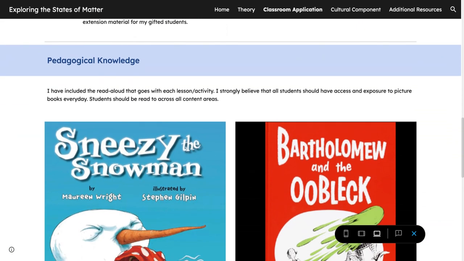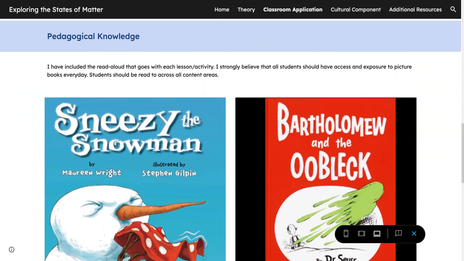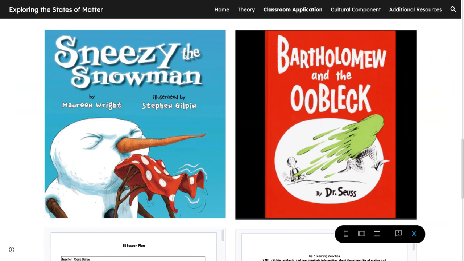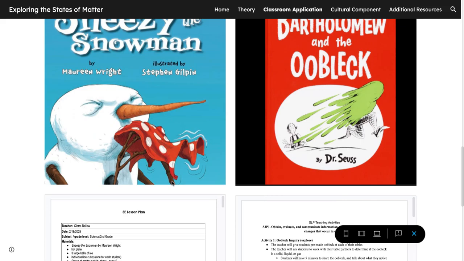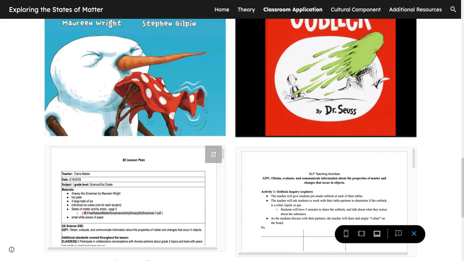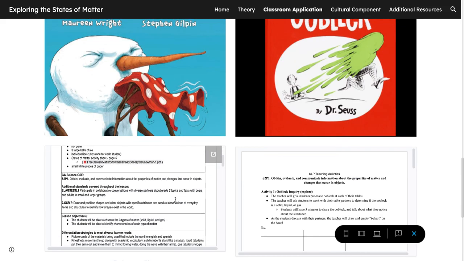And then the next part is the pedagogical knowledge. And in both of these activities, I've included a read aloud. I think read alouds are also really important in the classroom, and there was one that went with each lesson. So the first one, the read aloud, is Sneezy the Snowman, and this is my 5E lesson plan.